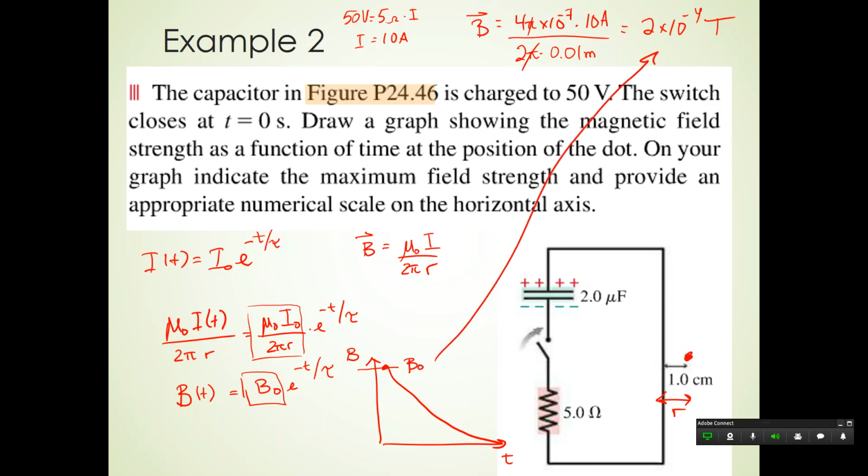That's the maximum magnetic field, the initial magnetic field. Yep. Yeah, it should, as my drawing is bad. Yeah. And it should not touch the bottom, actually. It's on here.